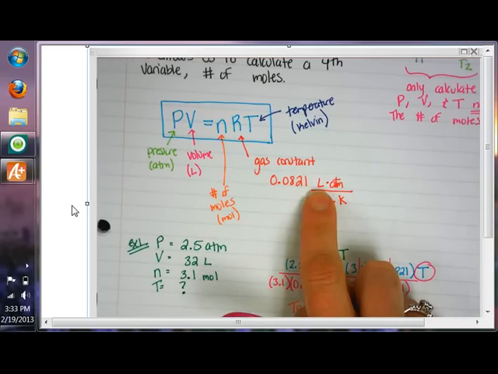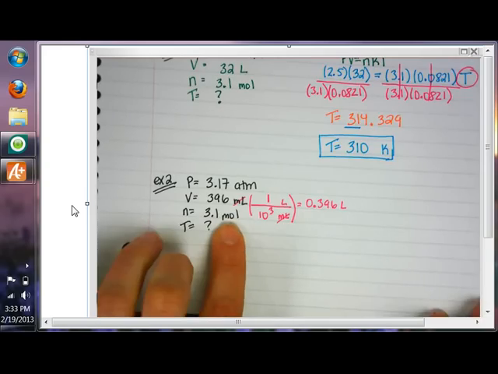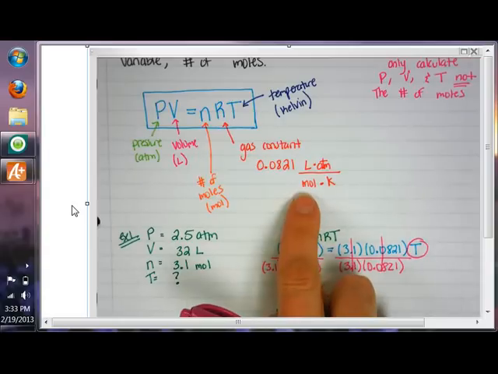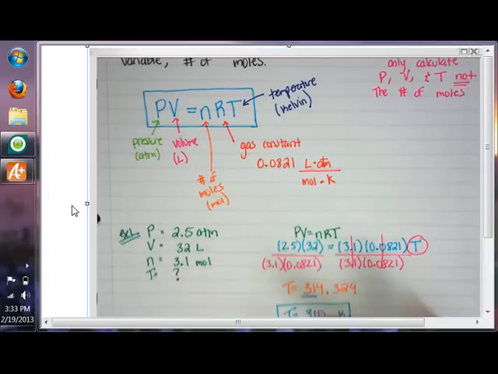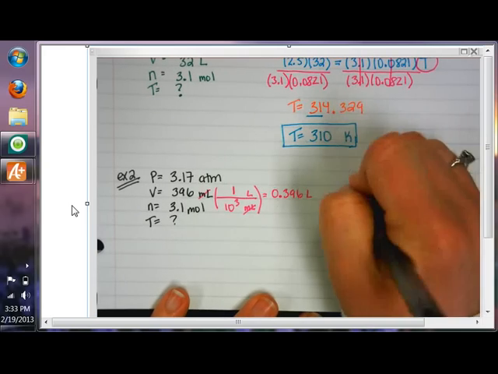ATM, ATM, liters, liters, moles, moles. So I'm able to plug everything into PV equals nRT now.